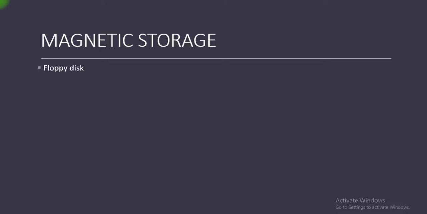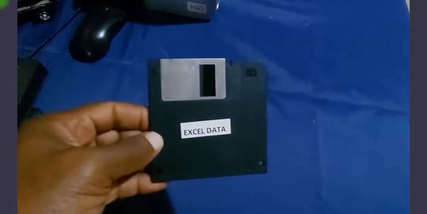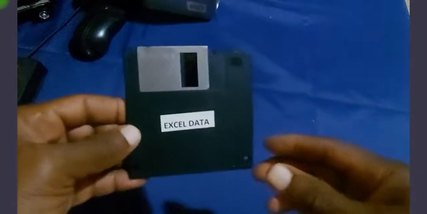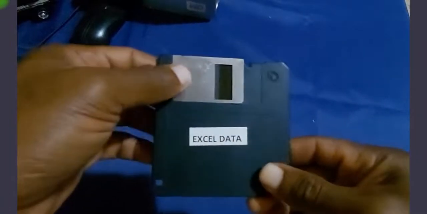Now we're going to be looking at each category in a little bit more detail, and the first two, which are floppy disk and magnetic tape, I'm not going to spend much time with them because they're really obsolete. Just to say that the floppy disk is square in nature.